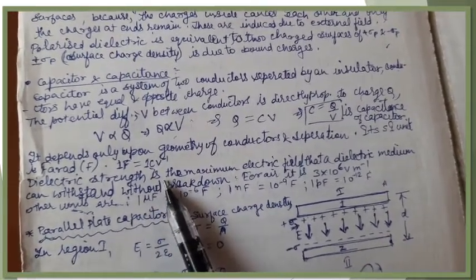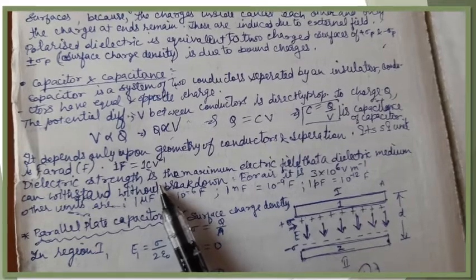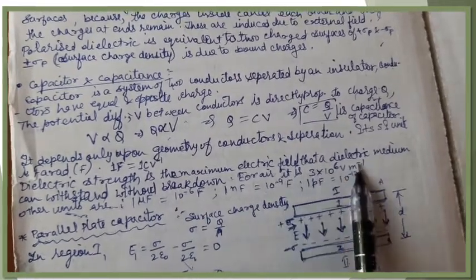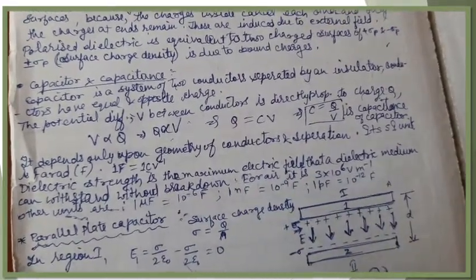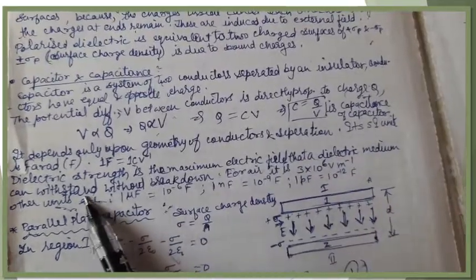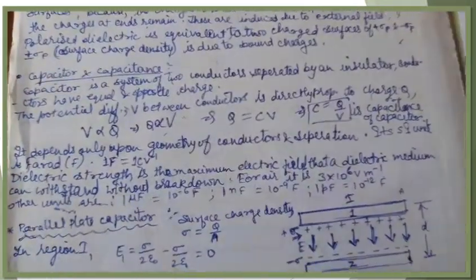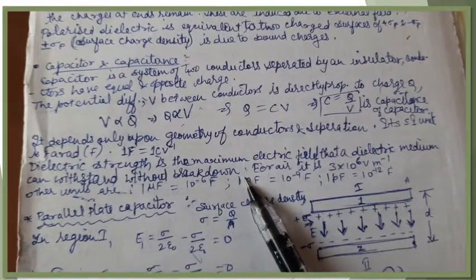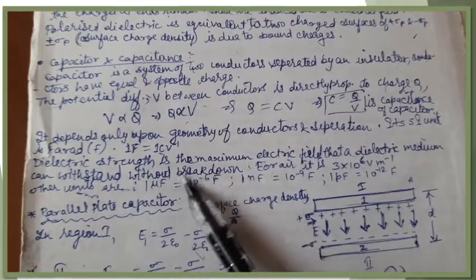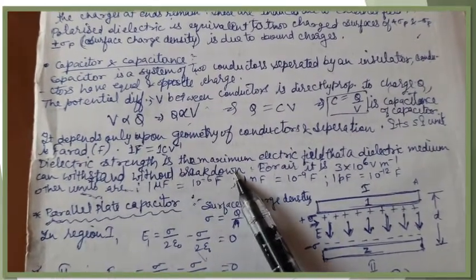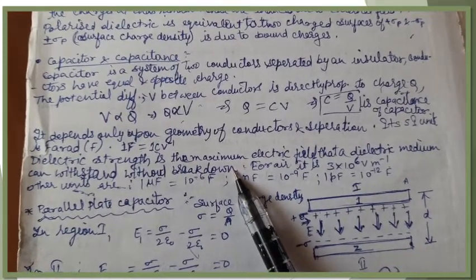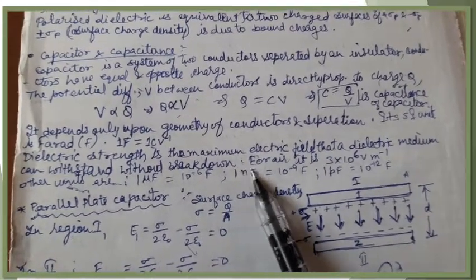There is another term, dielectric strength. Dielectric strength is the maximum electric field that a dielectric medium can withstand without breakdown. Breakdown means the dielectric loses its dielectric property. A dielectric medium is an insulating medium.